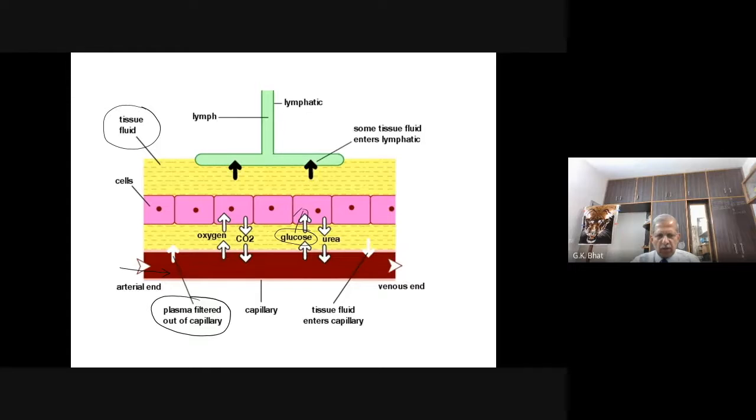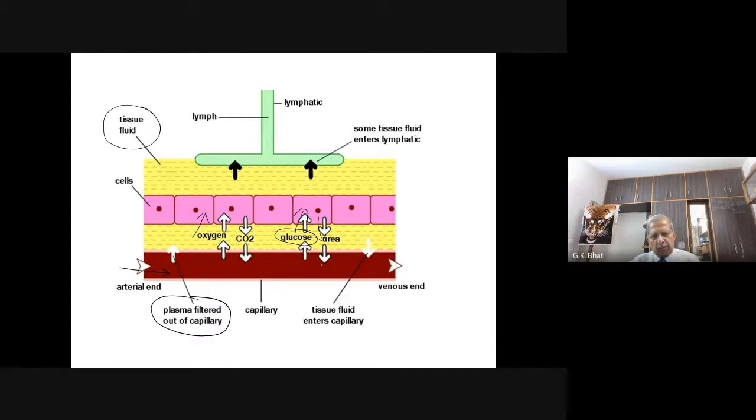In the same way, whenever the cells need oxygen, the oxygen also comes from the blood capillary first to the tissue fluid. From the tissue fluid, it enters into the cells. When urea is found in the cells, from the tissue, the urea comes first to the tissue fluid. From the tissue fluid, it enters into the blood capillary.